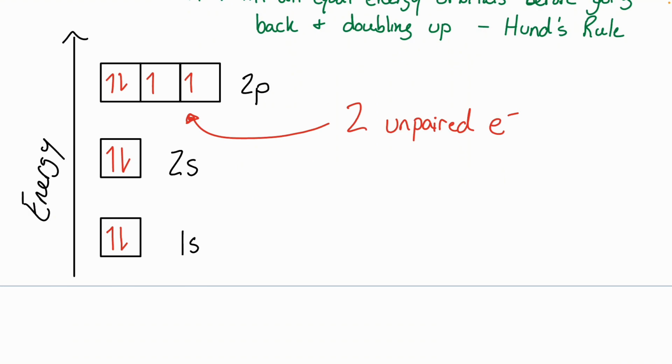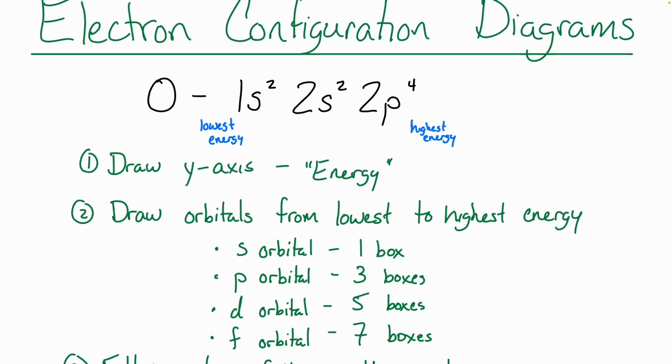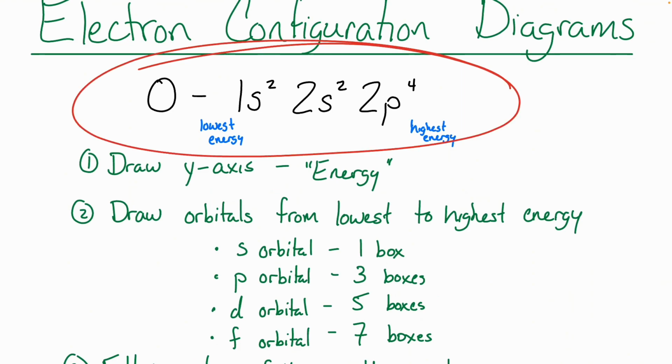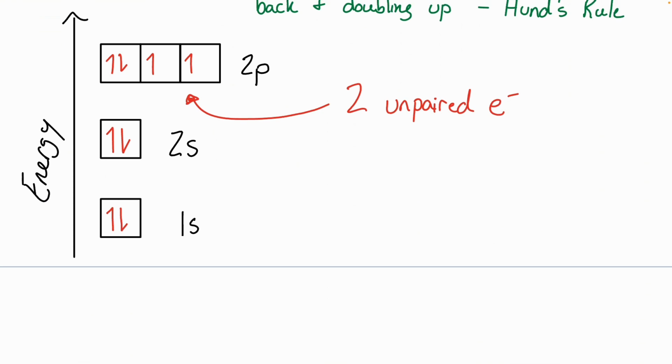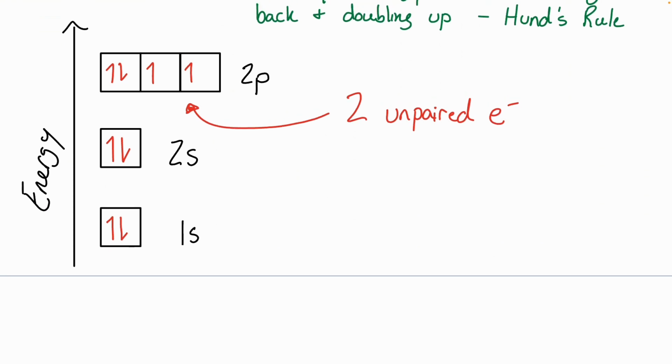It's a little bit out of the scope of this course, but the number of unpaired electrons has a lot to do with the chemistry of those particular elements. And you can't get that information just by looking at the linear electron configuration. You have to make that diagram. So there's this extra piece of information when we plot it, giving us the number of unpaired electrons.